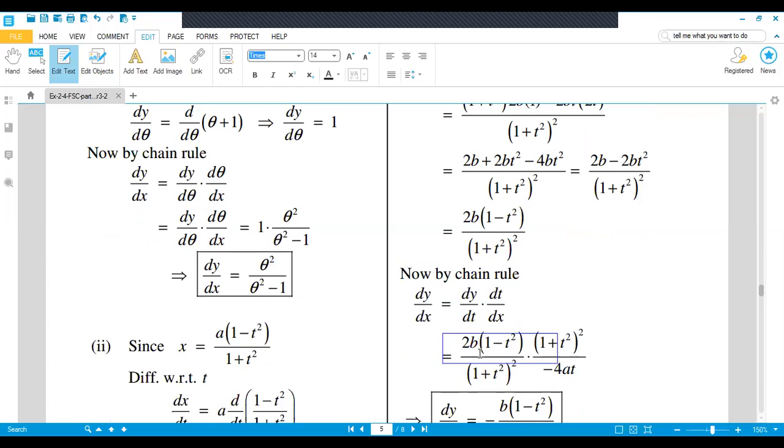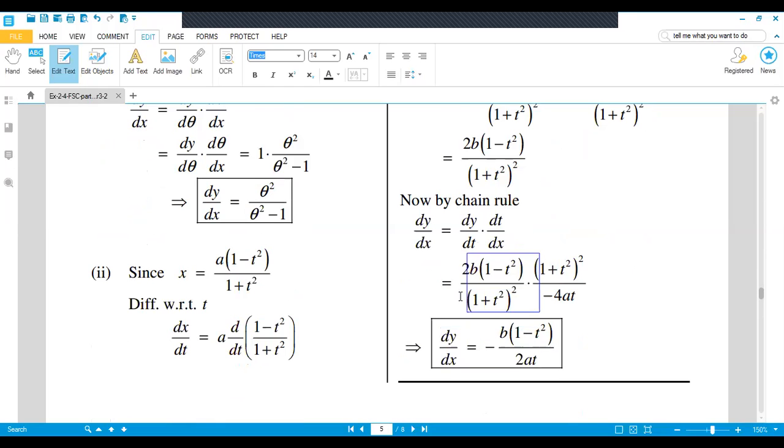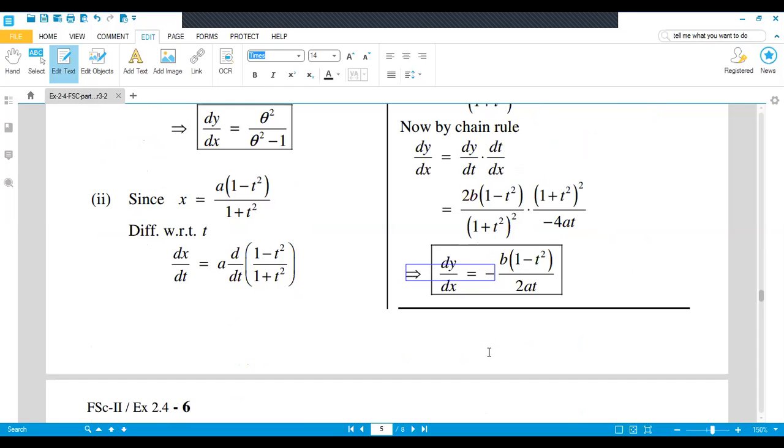So this 4 and this 2 will cancel with each other and we get minus 2 in the denominator, and here 1 plus t square whole square cancels with 1 plus t square whole square. So in the numerator we get b into 1 minus t square and in the denominator 2 into a t, and a minus sign. So this is the required answer. I hope you will understand it.